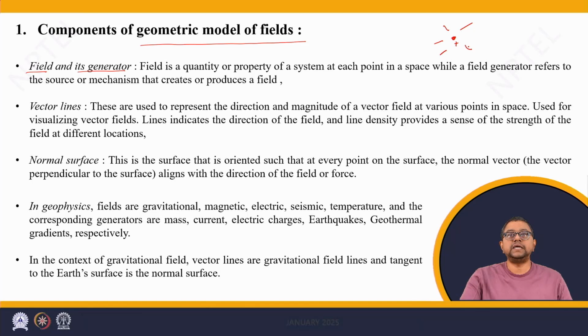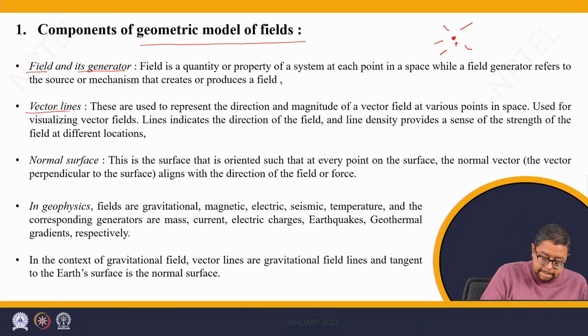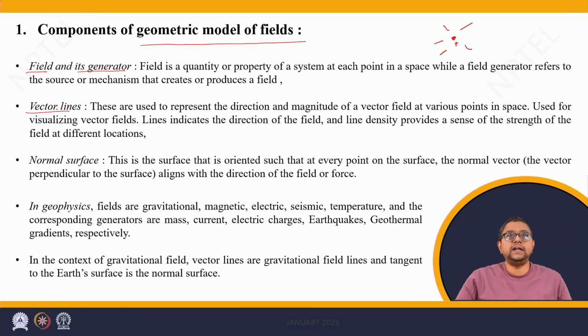This would represent an electric field around a charge. Now let us look at the vector lines. The vector lines are used to represent the direction and magnitude of a vector field at various points in space.